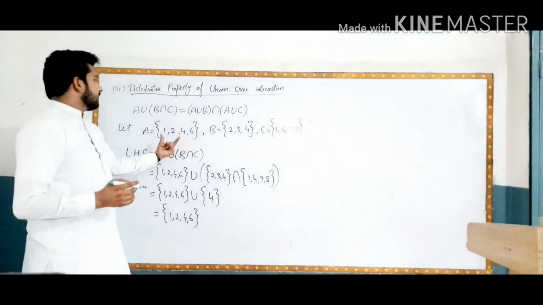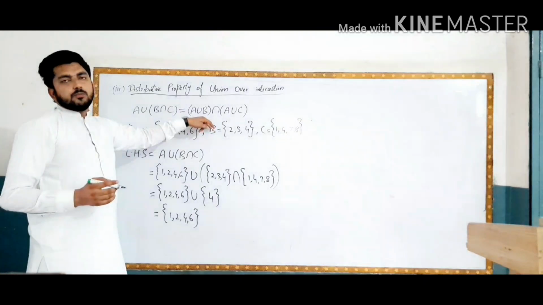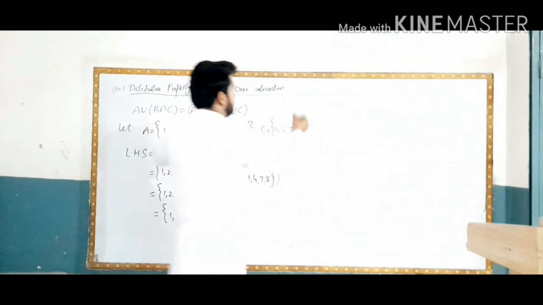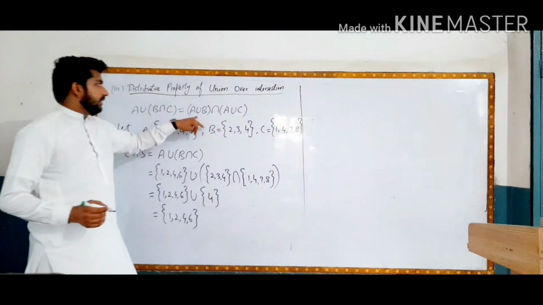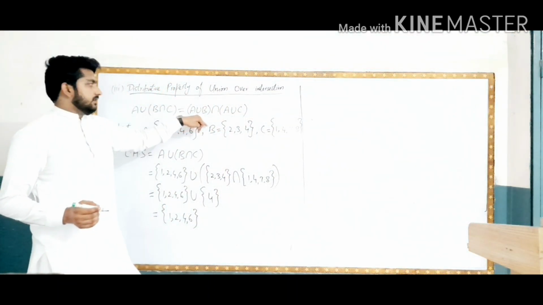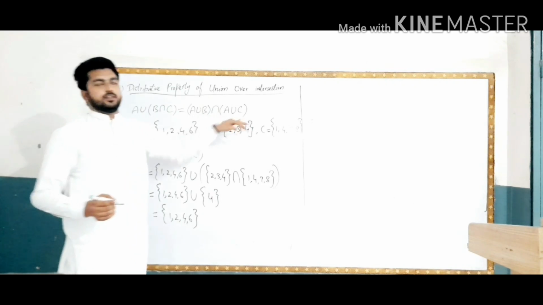Now we take the right side of the property, which is (A union B) intersection (A union C).